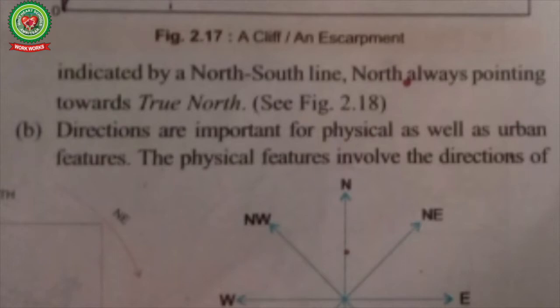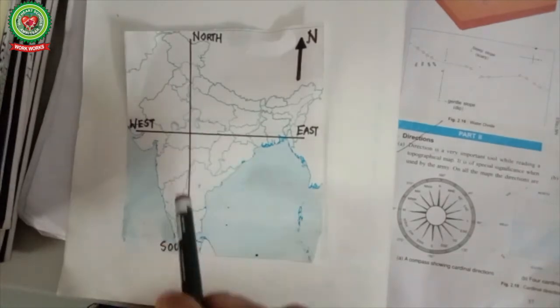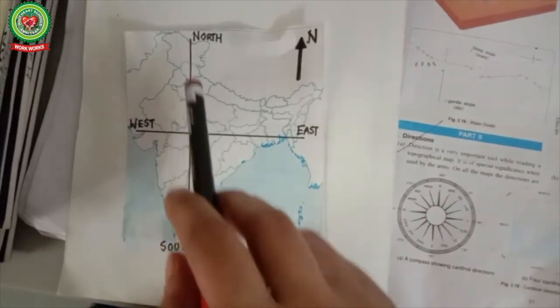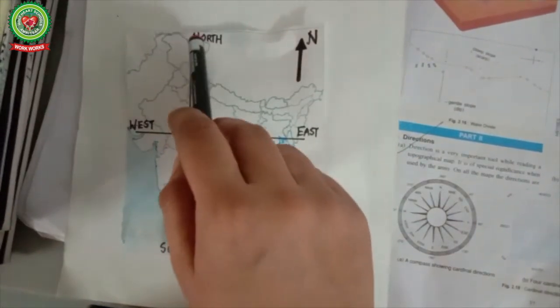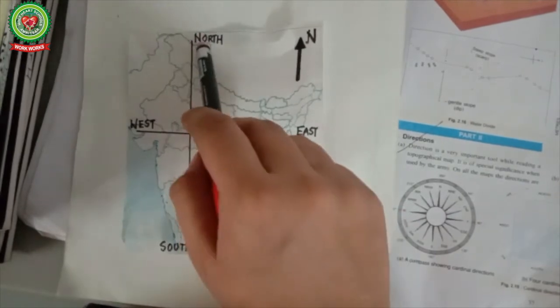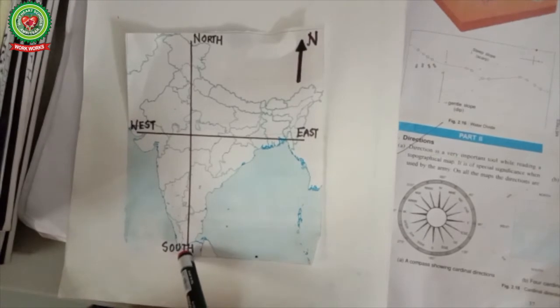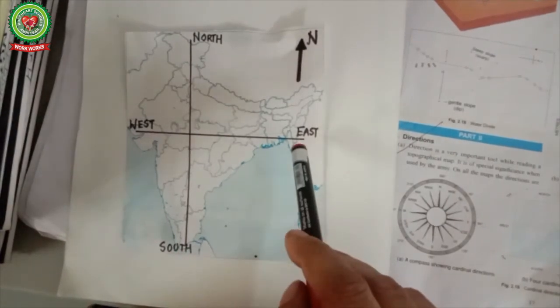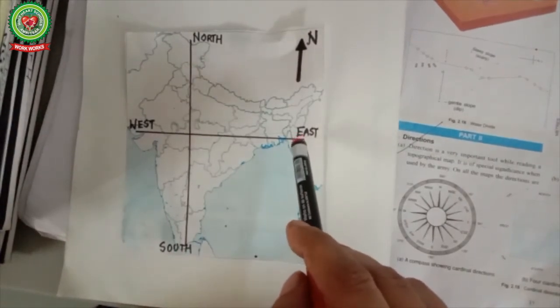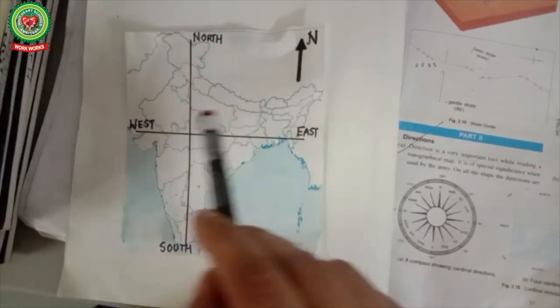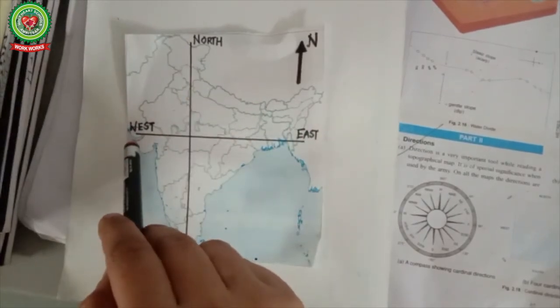Let us see it through a map. So children, in this map of India, you can see the 4 main cardinal points: north at the top, south opposite to it at the bottom, towards your right we have east, and towards your left on the map we have west.